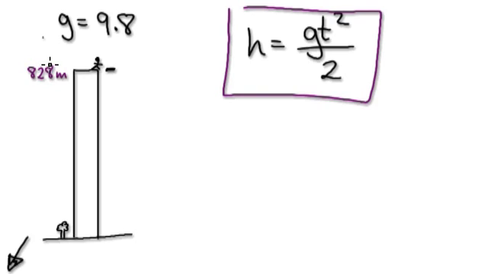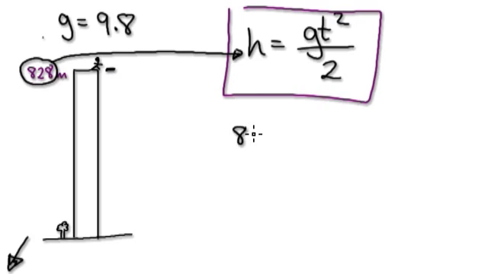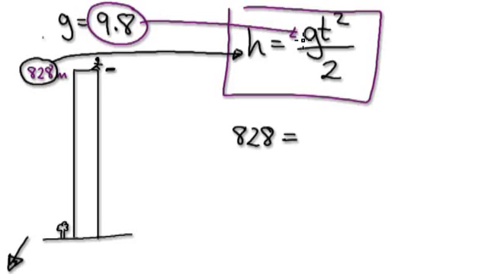Okay, so we know the height of the building is 828. So let's put this into the H. So 828 equals, well, we can put the 9.8 here into G. So it will be 9.8 T squared over 2.